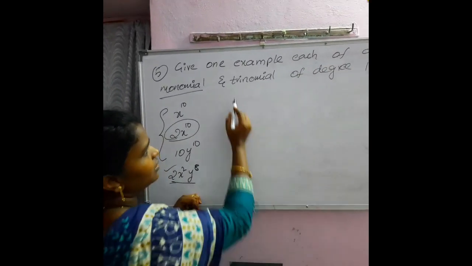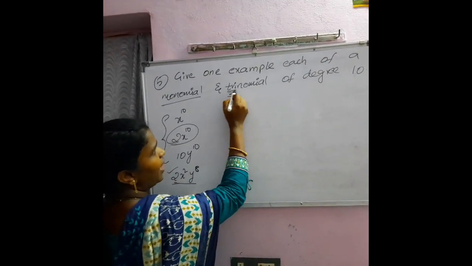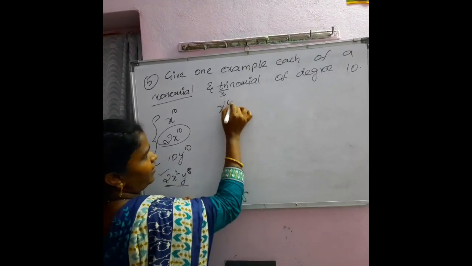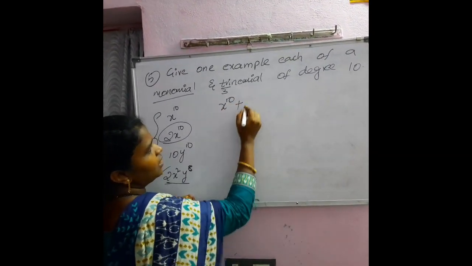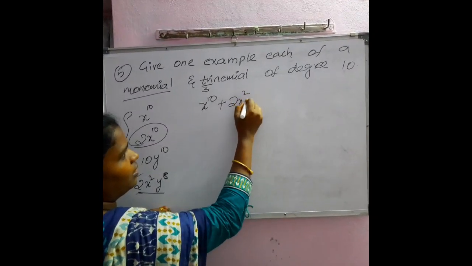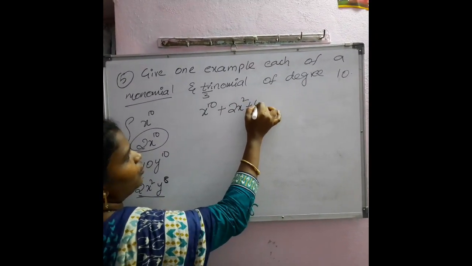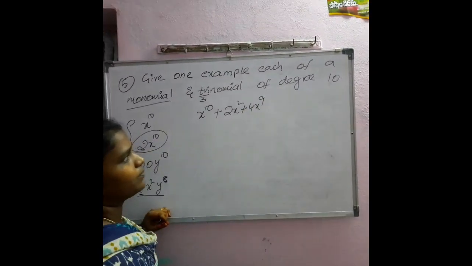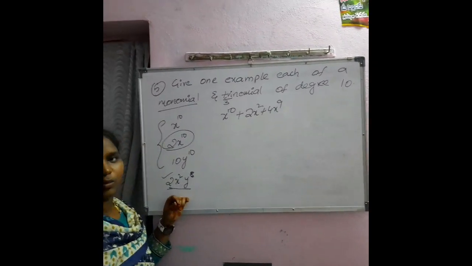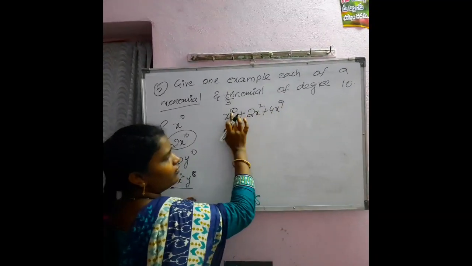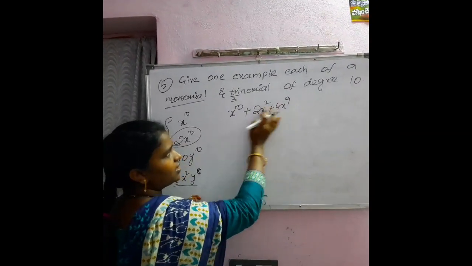Trinomial means tri, that is 3. It should have 3 terms. For example, x to the power of 10 plus 2x square plus 4x to the power of 9. So it is a polynomial. What is the highest degree here? 10.